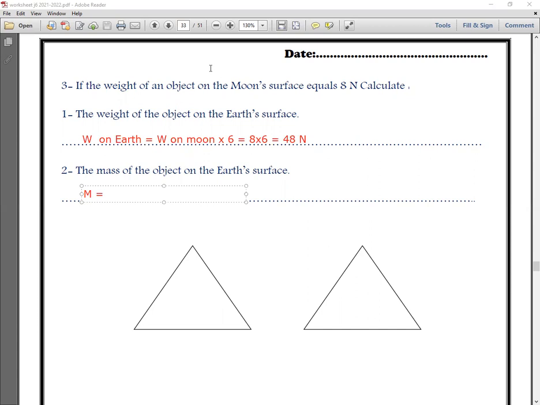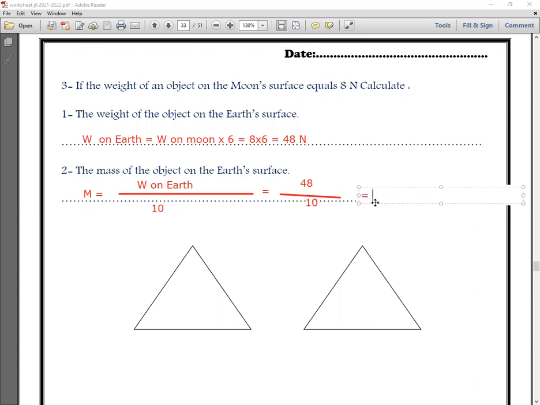Mass equals weight on Earth divided by 10, so equals 48 divided by 10, so equals 4.8 kilograms, because the mass is measured in kilograms.